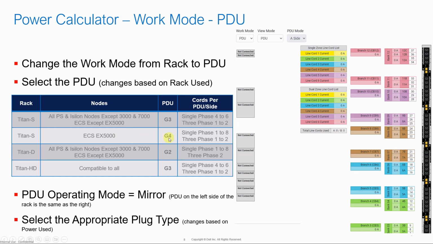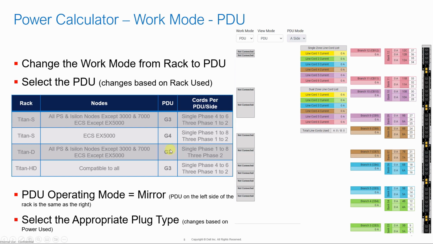So the G4 PDU has 16 C19 plugs and it has 5 C13 plugs. So the C13s are for the switches, right? So that's why we have 2 different PDUs. This has all C13s. This has mostly C19s and a couple of C13s. Now the G2 has 28 C13s in there, right?